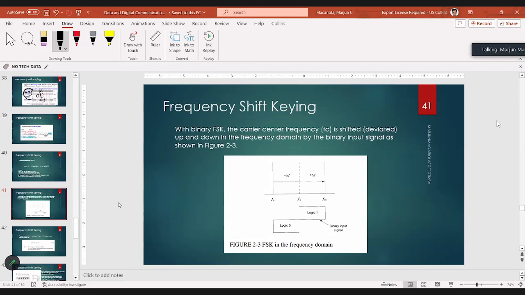When we're dealing with logic 0, that is called a space frequency. And when we're dealing with logic 1, FM. The separation between them is called peak frequency deviation, which is equal to the summation of these two. So that is 2 delta F.